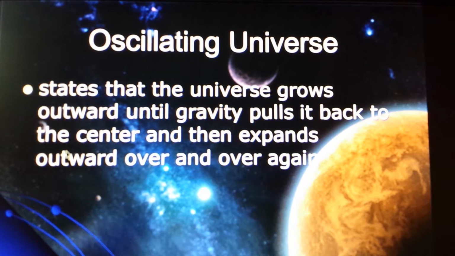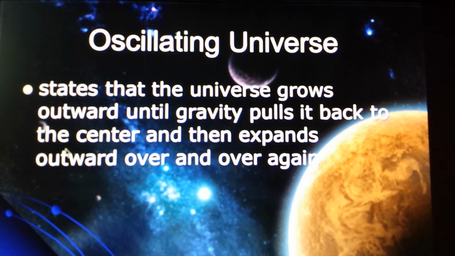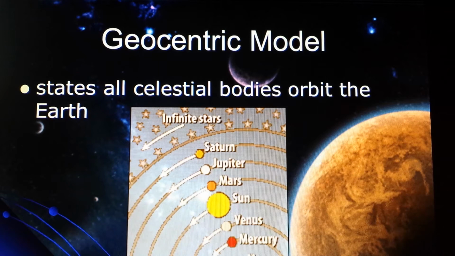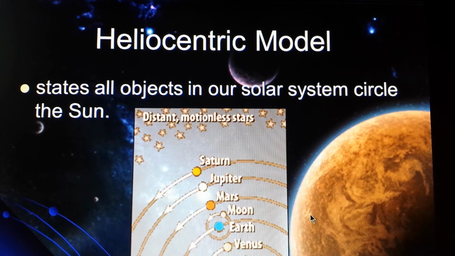Oscillating theory states that the universe grows outward until gravity pulls it back in. Geocentric is the idea that everything revolves around Earth. And heliocentric is that everything revolves around the sun.